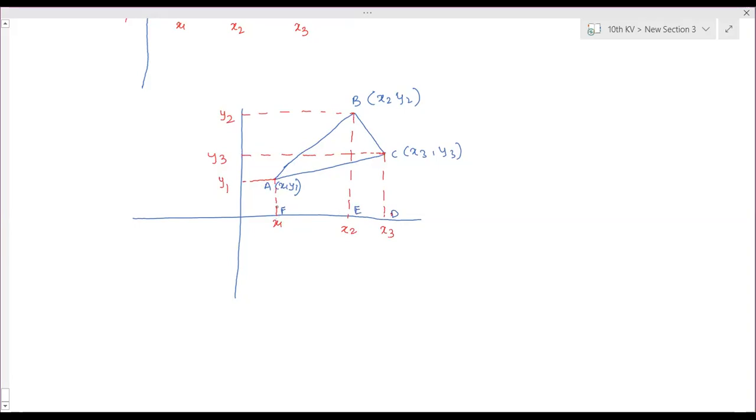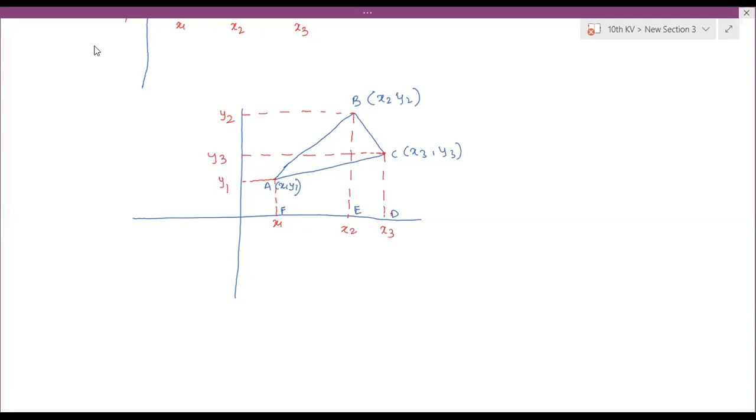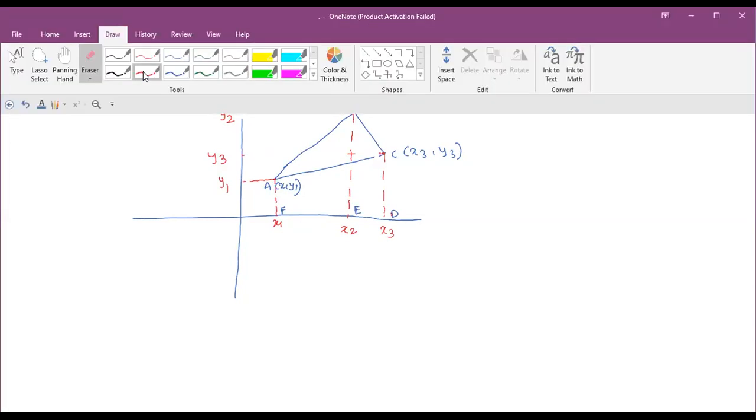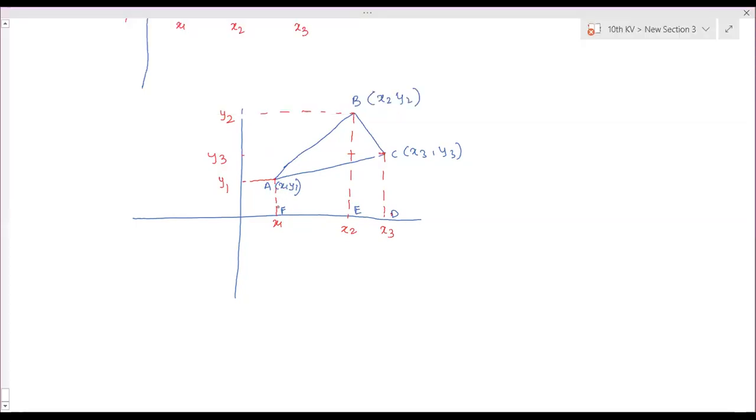Now, if we find the area of ABEF, it is a trapezium. Are you able to hear me? Yes, ma'am. This is perpendicular. This is also perpendicular. So these two lines are parallel.